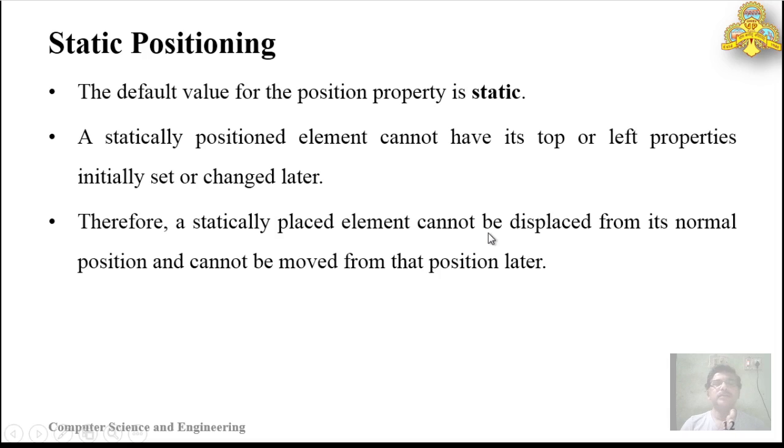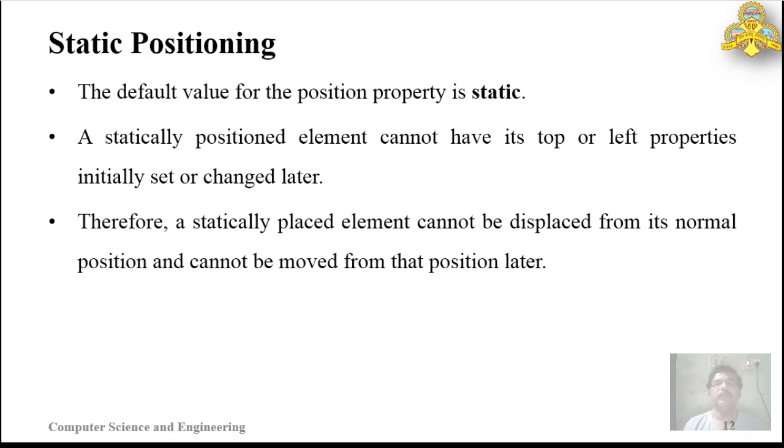Last one is the static position, and this is the default positioning of elements. So we have created elements in the browser window and placed them, and all of those are placed statically. That means once they are placed, their top and left properties cannot be set or changed later. So if position is equal to static is specified, then by writing JavaScript code I can't move it later.